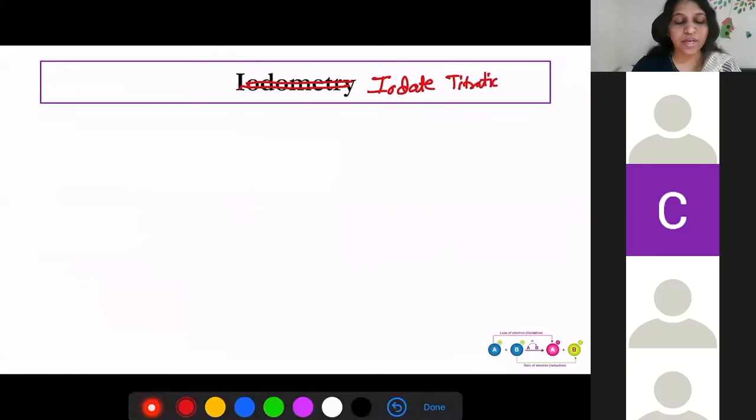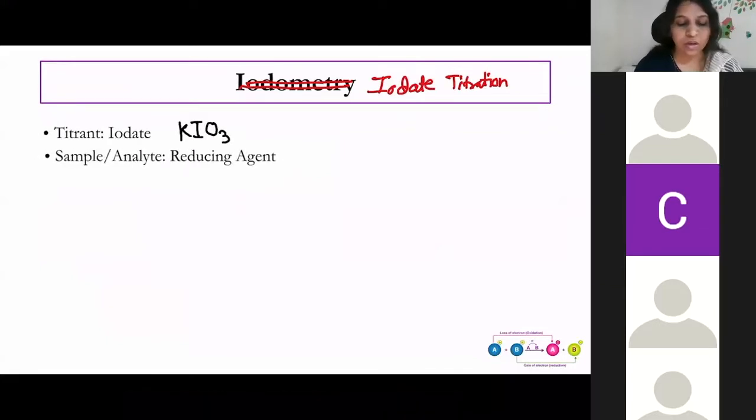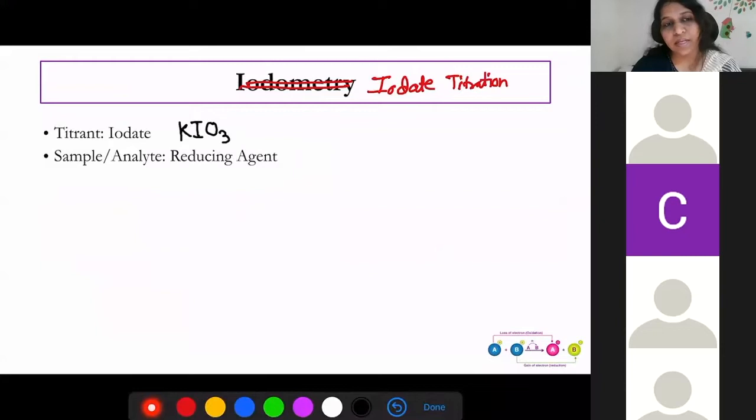So in iodate titration, your titrant is potassium iodate, that is KIO3. Now, your sample and analyte is a reducing agent because your titrant is potassium iodate, which is a strong oxidizing agent in presence of acid.